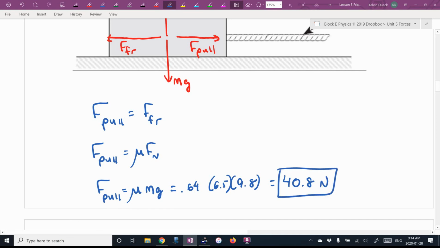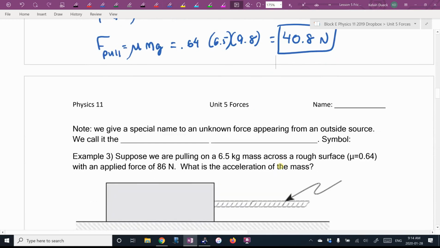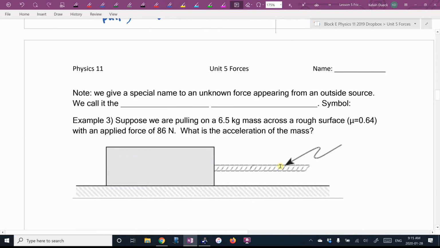We are often going to have a mystery force coming from off the page, like F pull. We're going to give that mystery force a special name. If we have an unknown force coming from off the page, we often just call it the applied force, and my symbol for that is F applied.